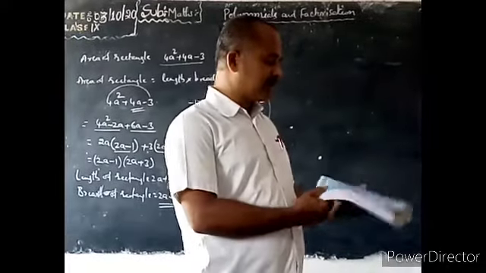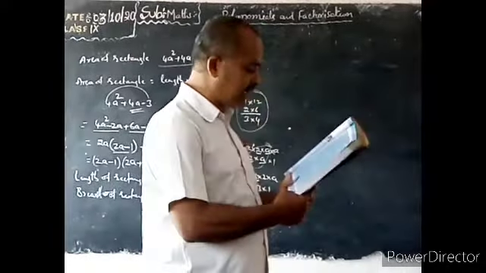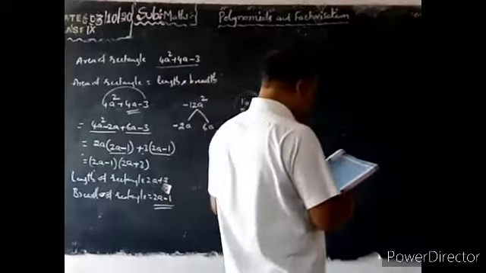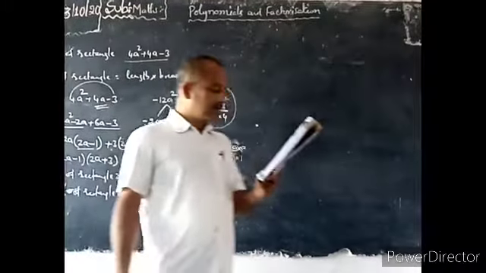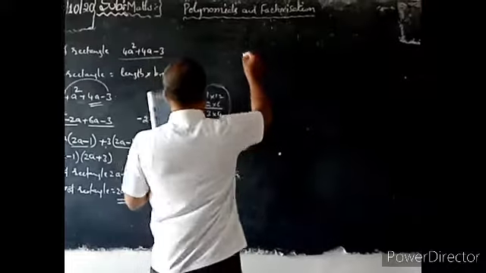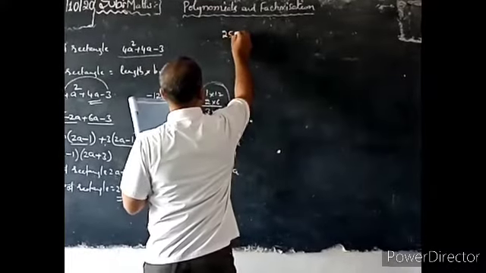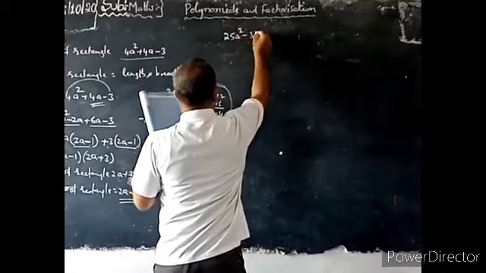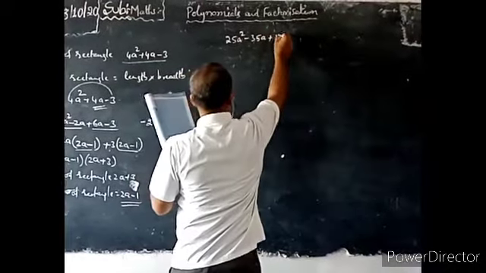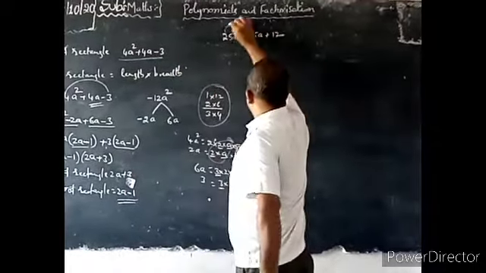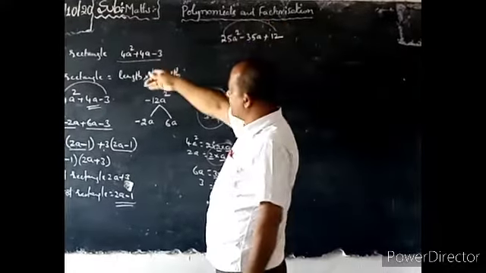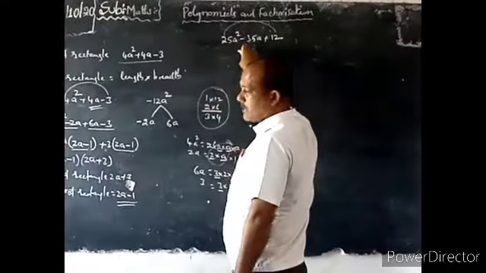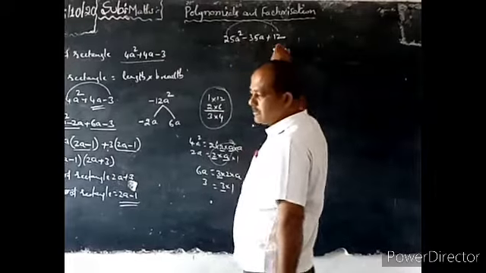Area of rectangle is 25a square minus 35a plus 12. Now here I will give the factors for this. You have to write the same: area of rectangle is 25a square minus 35a plus 12.